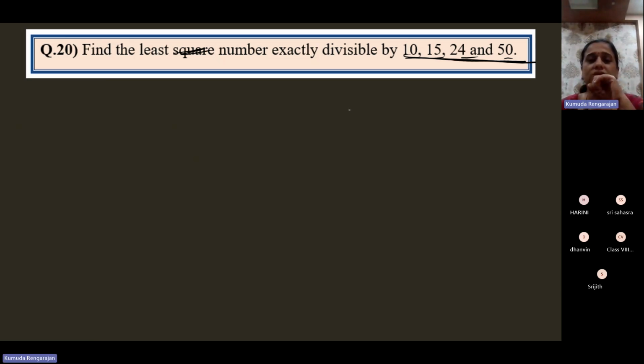We have two conditions here. It should be the smallest number and it should also be the smallest square number. So all of you first find the LCM of these four numbers.